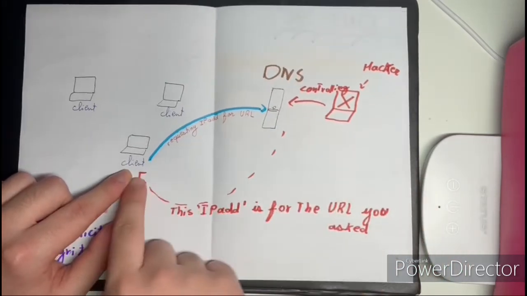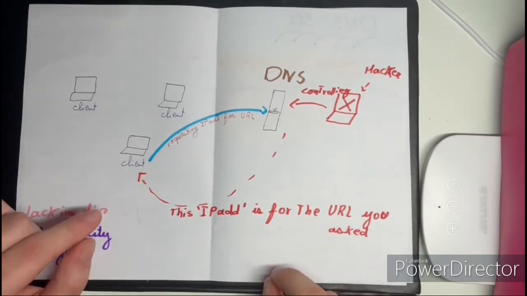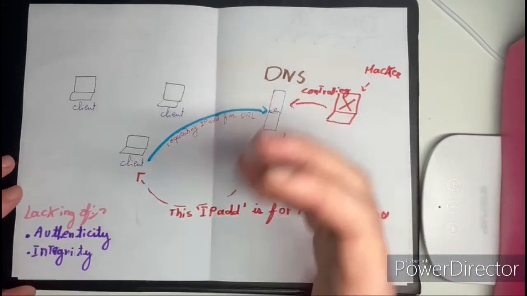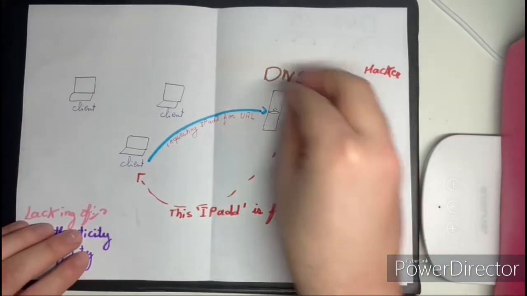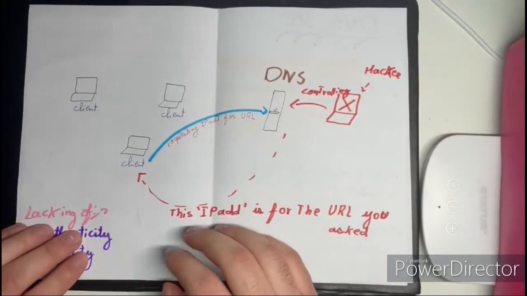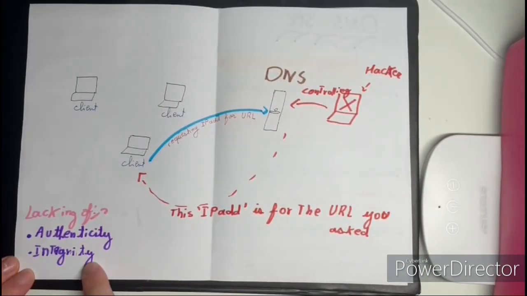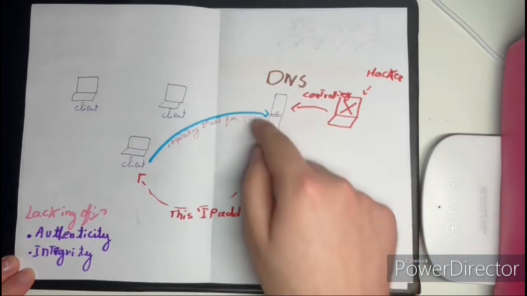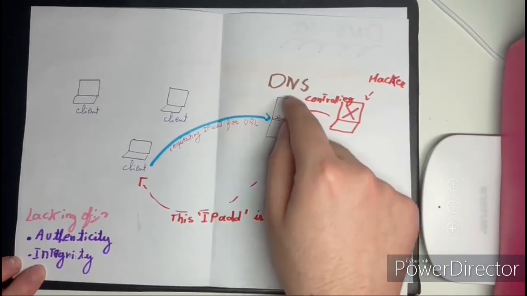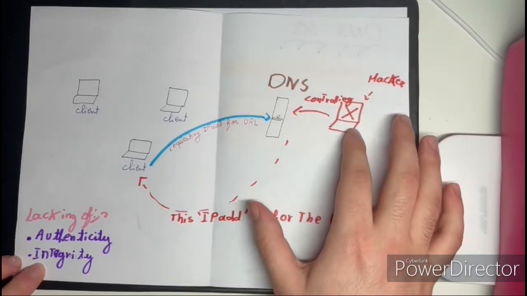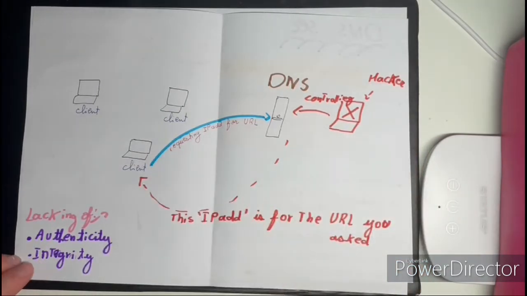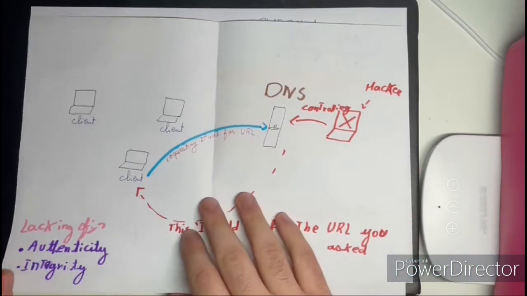Basically, it sends back a response which contains the IP address for the URL requested. But the only thing that is lacking in this scenario is authenticity and integrity, because we don't know whether this is the right DNS that we are talking to or not. It could be a hacker who sends a response to our computer with, for example, phishing websites, and bingo, he got what he wants.